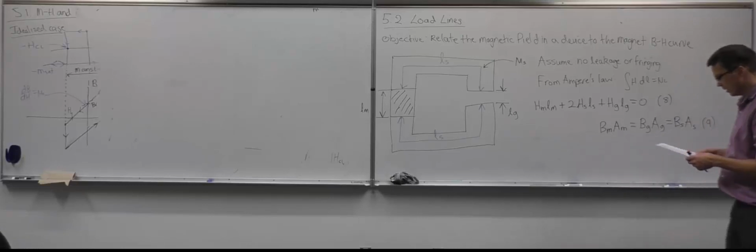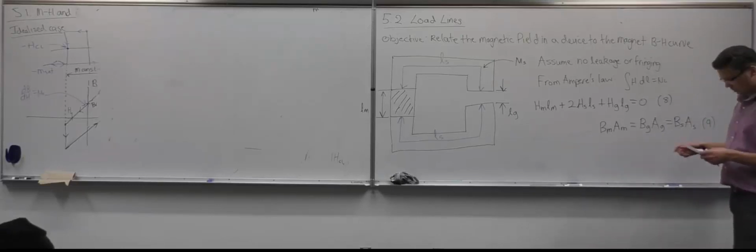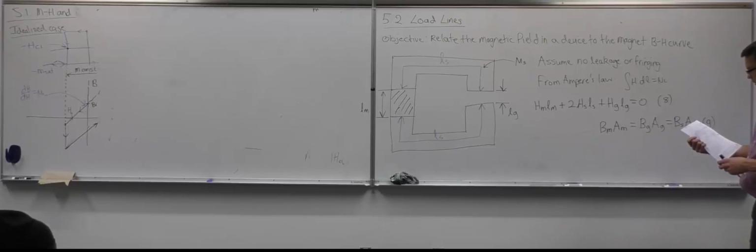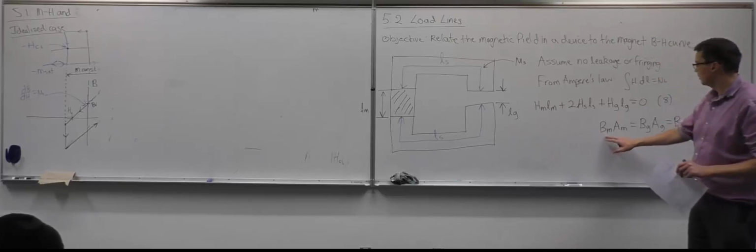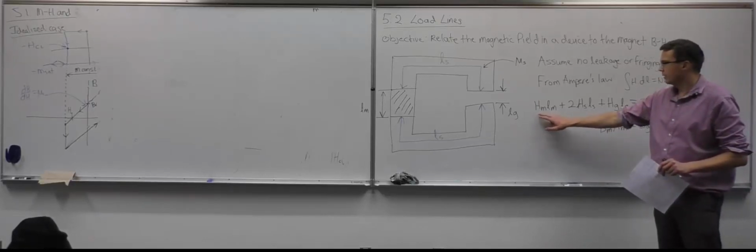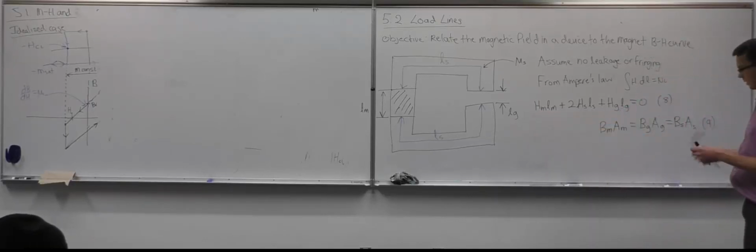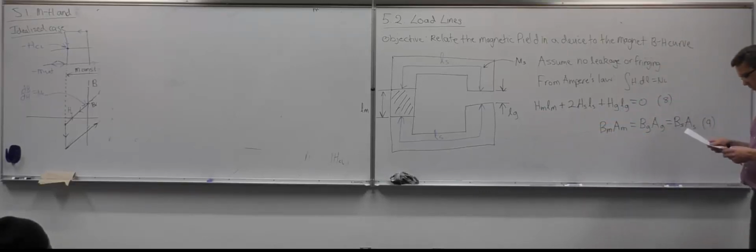Okay. Now I want to play around with this so we get the relationship between the magnetization flux density Bm and the magnetization field intensity Hm. Okay, and then we'll see what that gives us.